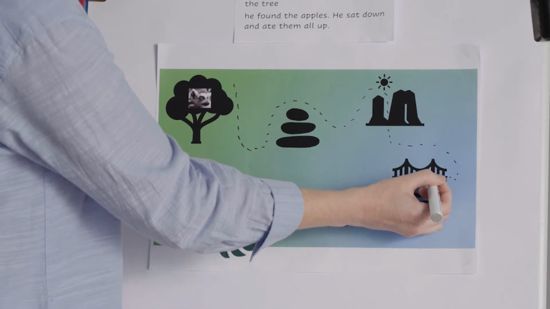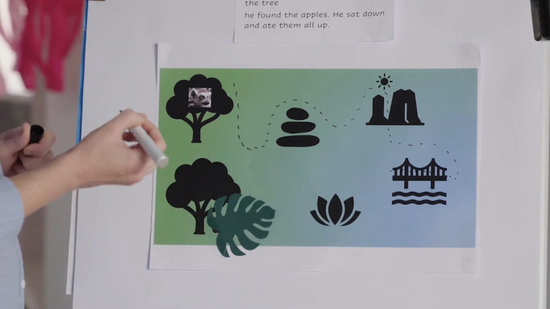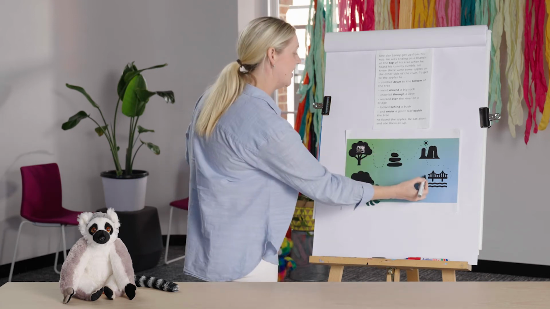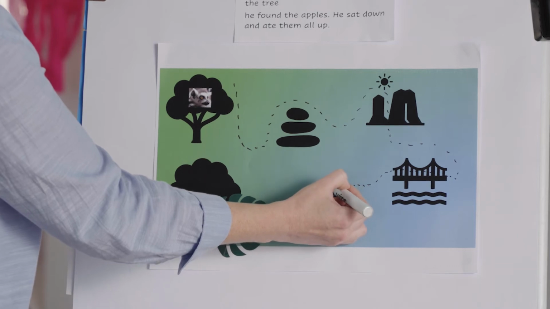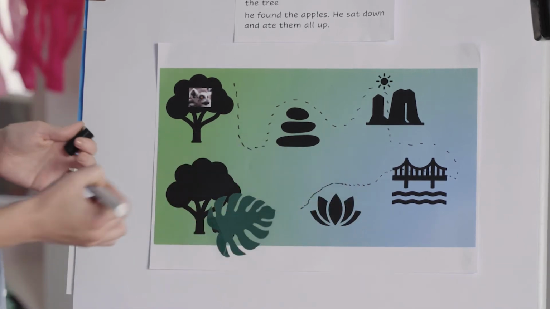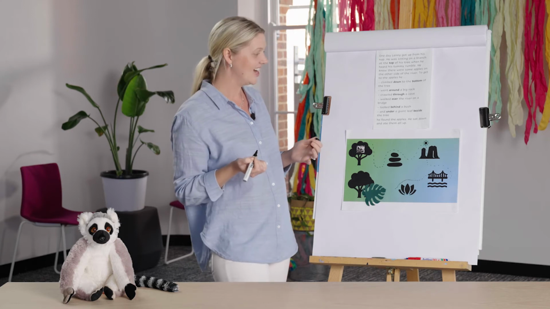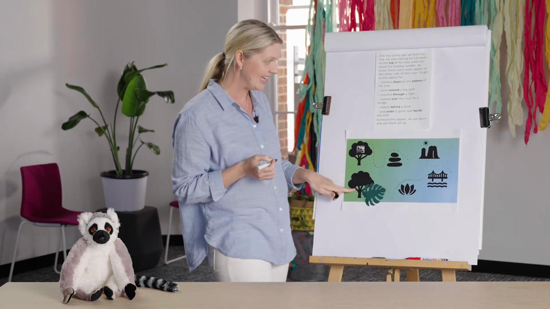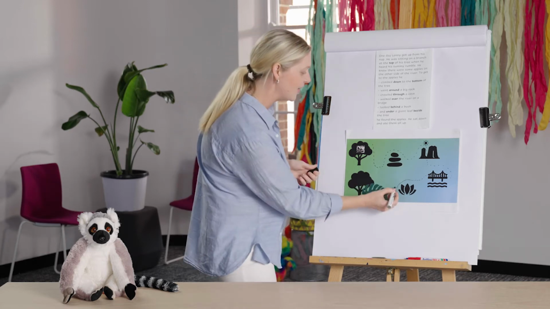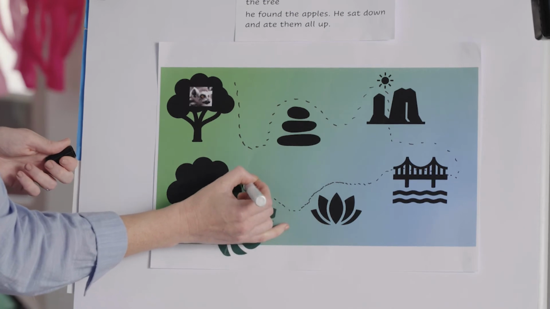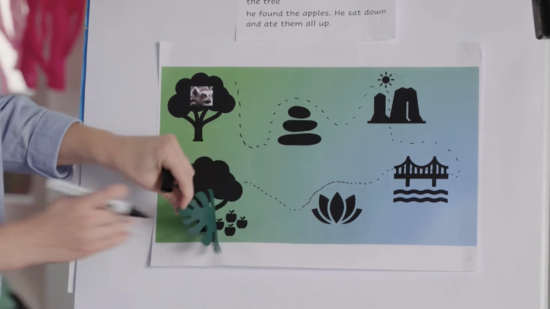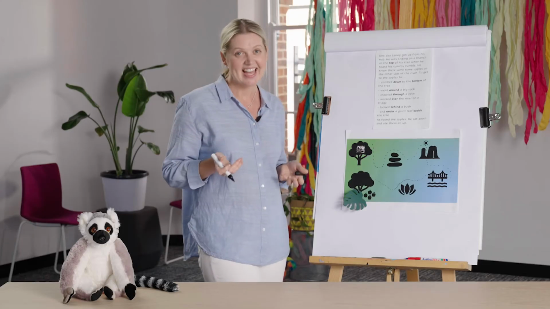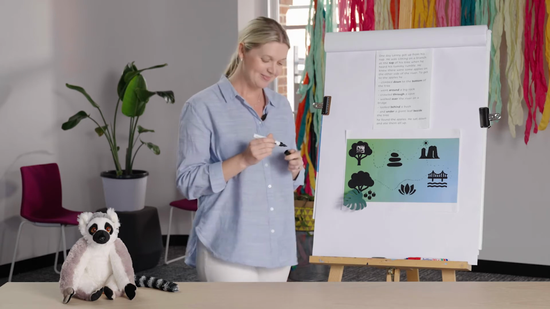So there he is crossing the river by going over the bridge. He looked behind a bush. Behind the bush. And under a giant leaf beside the tree, he found, let's keep drawing his journey, under the leaf, he found the apples. He sat down and ate them all up.